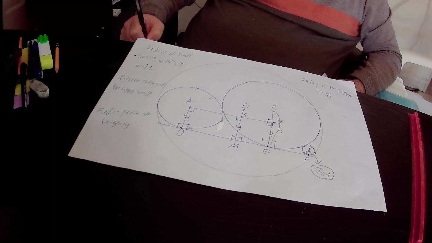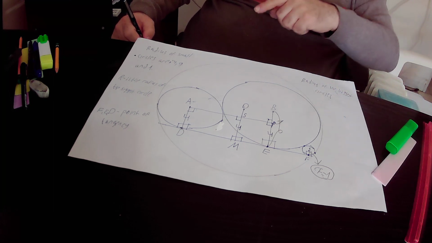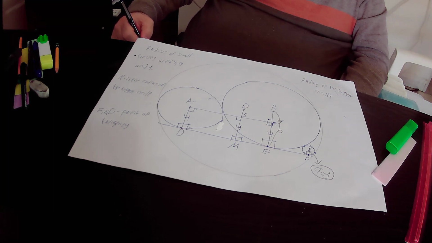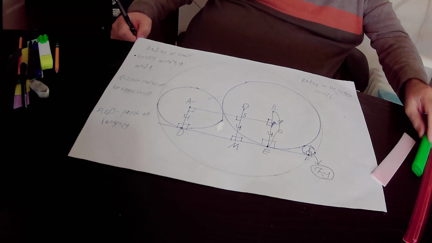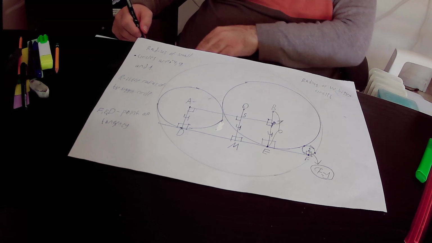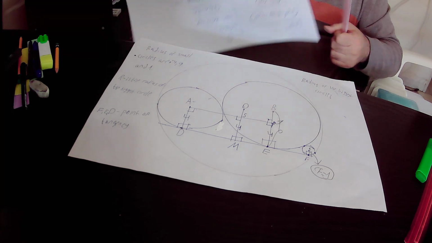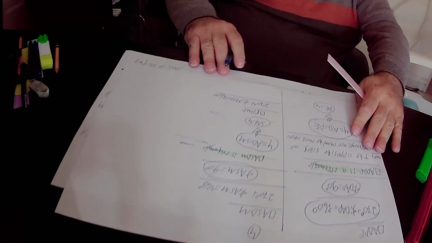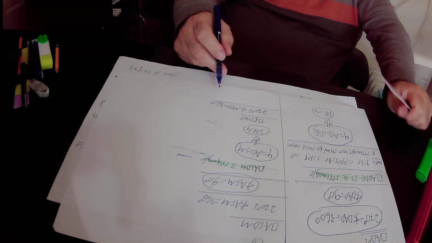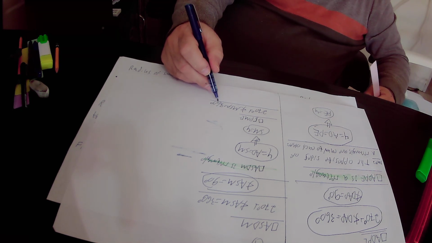In total, the sum of those 4 angles must be equal to 360 degrees. Again, 270 degrees plus the size of angle MSP must be equal to 360 degrees.